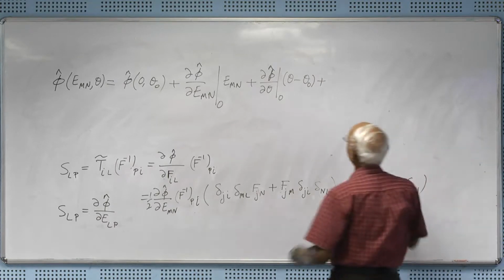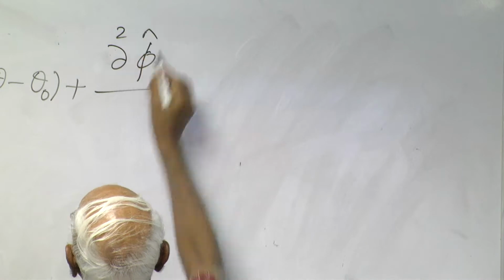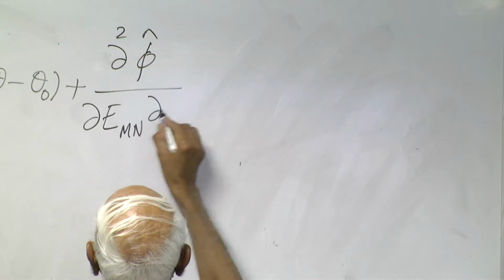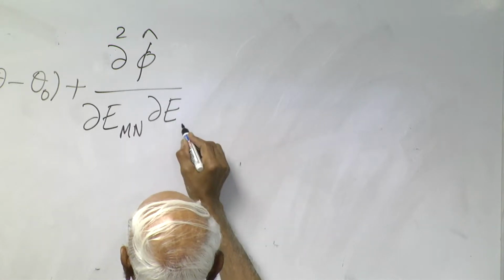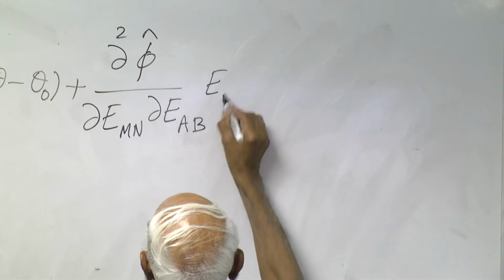So the next one is del square phi hat over E m n, E A B, and multiply with E m n.